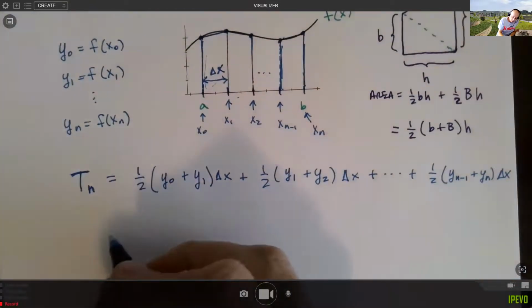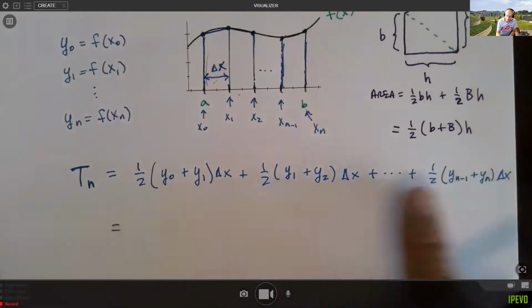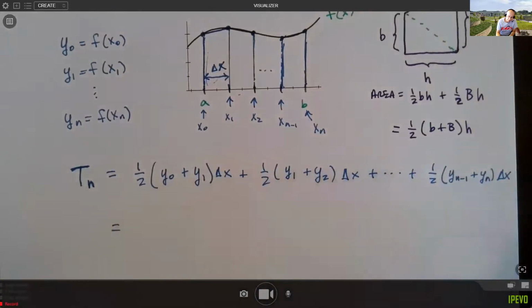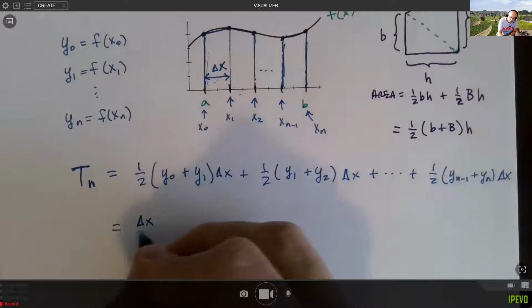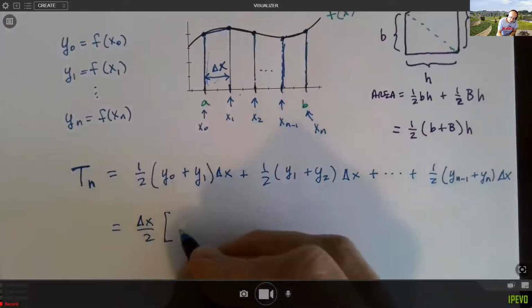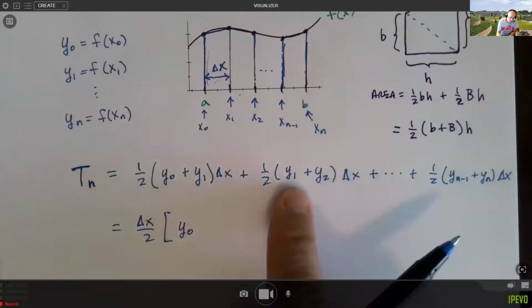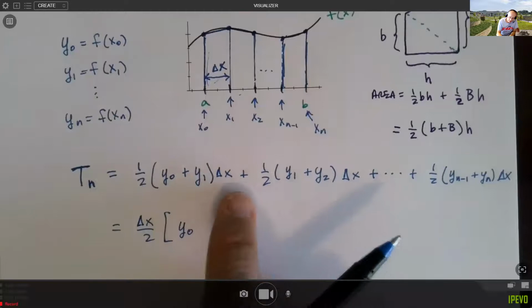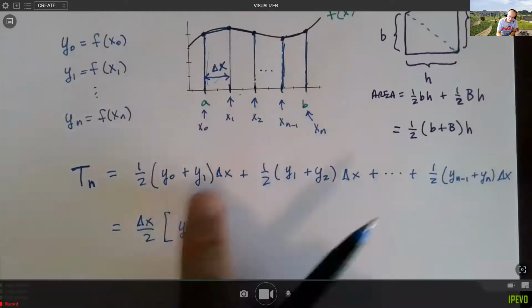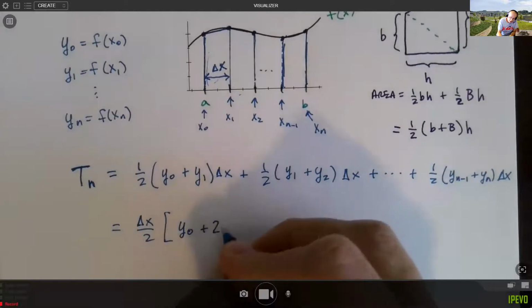First of all, notice for each one we have a 1/2 factor and a delta x factor. I'm going to factor out the delta x over 2. What does that leave? Here I have y sub 0, but here I have y sub 1, and I also have a y sub 1 here. So when I factor out the delta x and the 1/2, I'll have y sub 0 plus y sub 1 plus y sub 1, that's 2y sub 1.